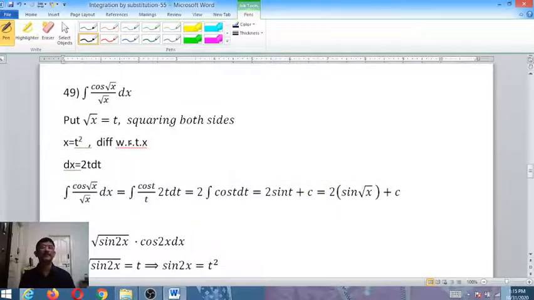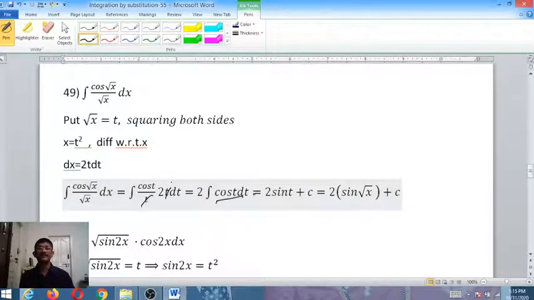Again the same problem. You take root x equals t. Squaring both sides, x equals t square. Differentiate with respect to x, dx equals 2t dt. So cos root x in the numerator, root x which is t in the denominator, dx is 2t dt. Again we cancel this t and t. 2 is taken out, 2 into integral of cos t dt.